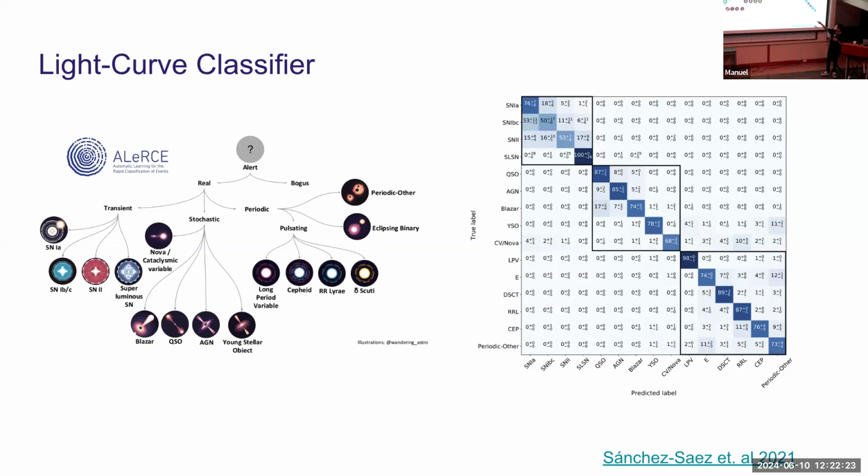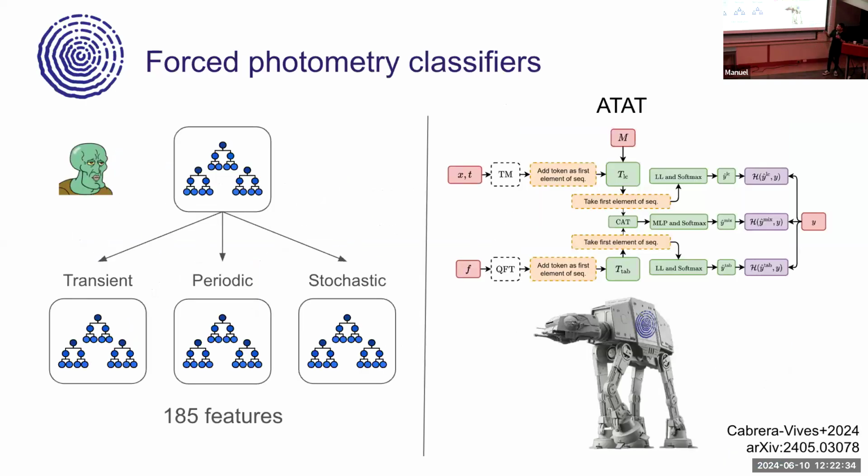So those are the main results for this classifier, which works with alerts. Also, we have forced photometry classifiers. ZTF now, when it triggers an alert, brings the forced photometry from 30 days ago.